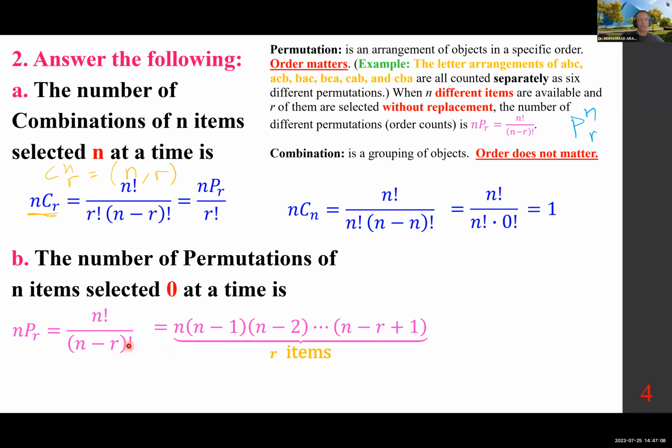So for example, if it's 8, you can stop at 9 here. So for this case, in this formula, we replace the R with 0. When we do that, the numerator is n factorial, n minus 0, n factorial over n factorial. That is also equal to 1.